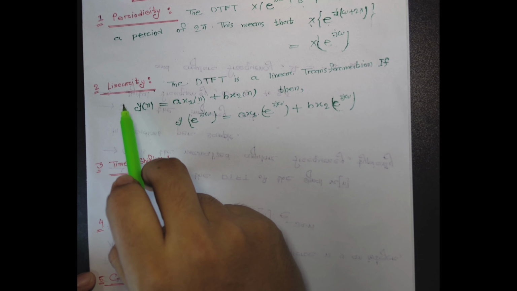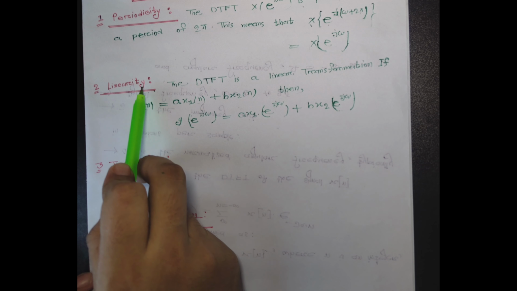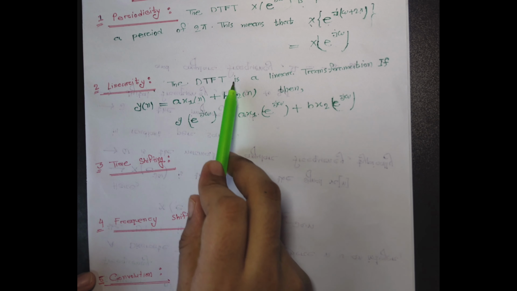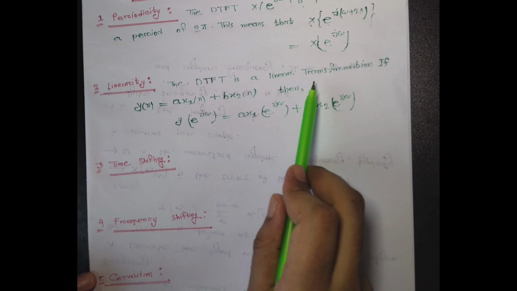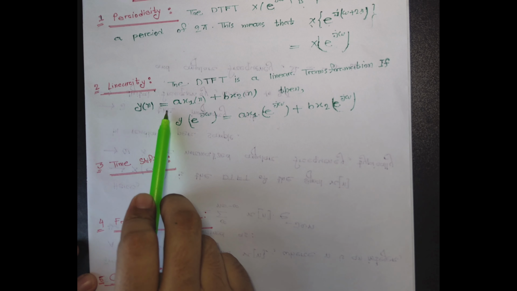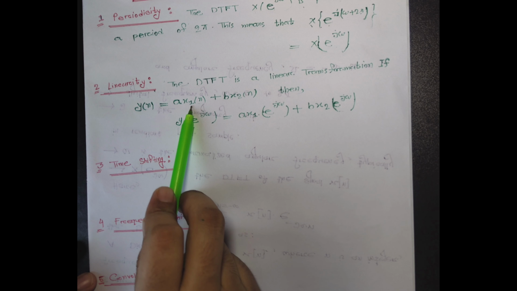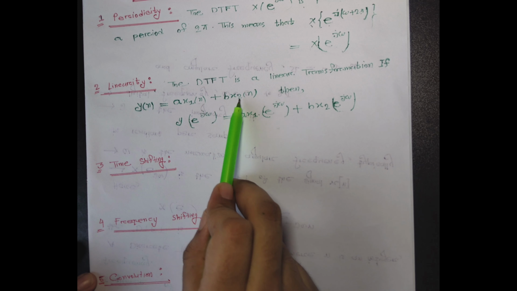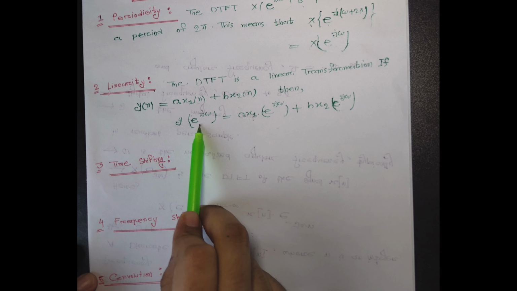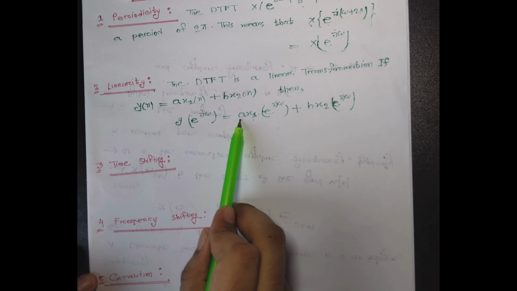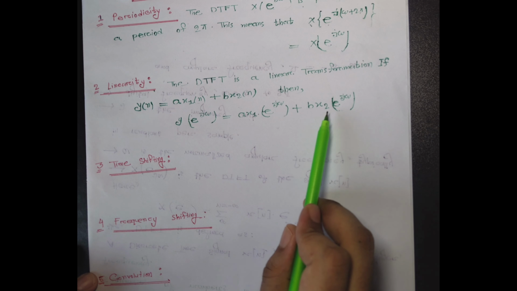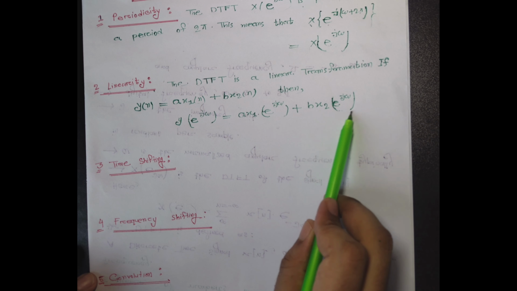Now in the linearity property, the discrete time Fourier transform is a linear transformation. If y[n] equal to a x1[n] plus b x2[n], then Y(e^jω) equal to a X1(e^jω) plus b X2(e^jω).